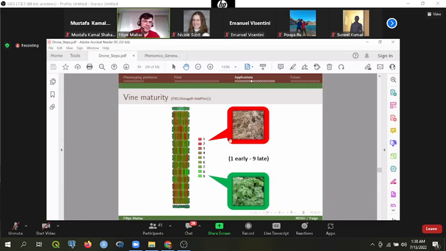the vine. For example, we go in the field and classify 1 for a genotype that is already dead, all the way to 9 when genotypes are still green. And then here is a more categorical trait, and we change this for an index, right? Which is more quantitative. And we have very nice results.